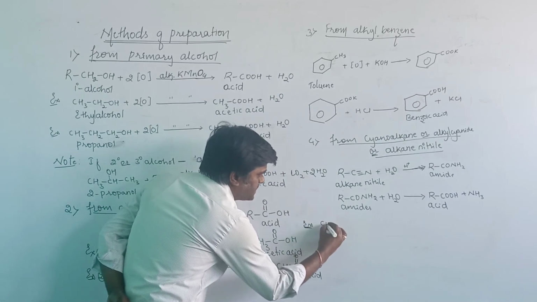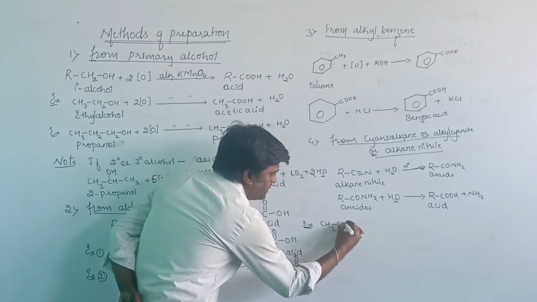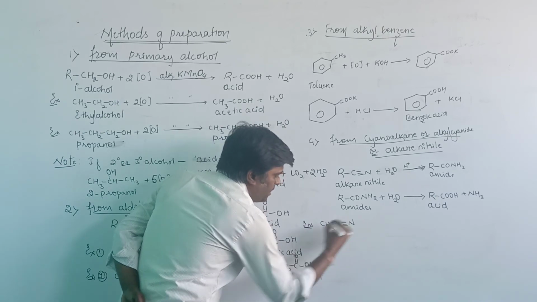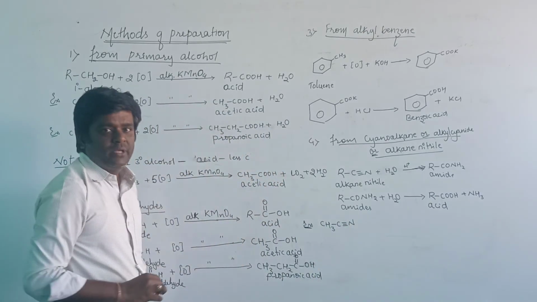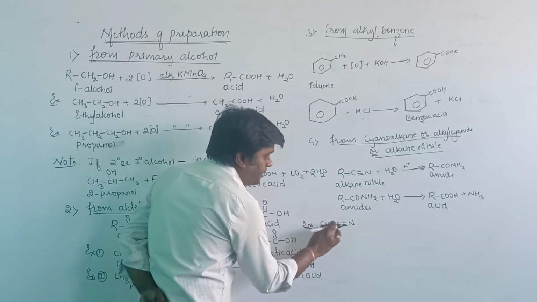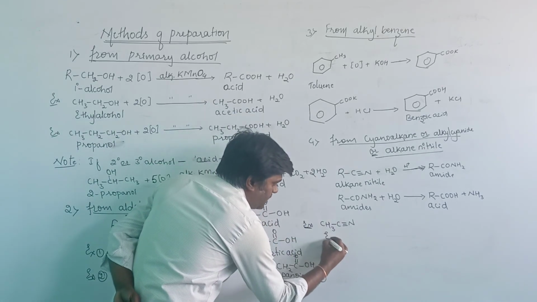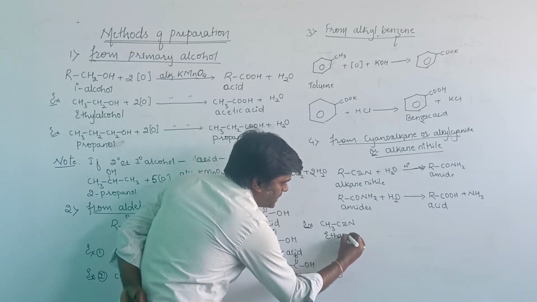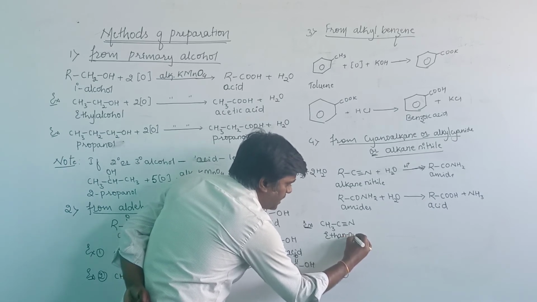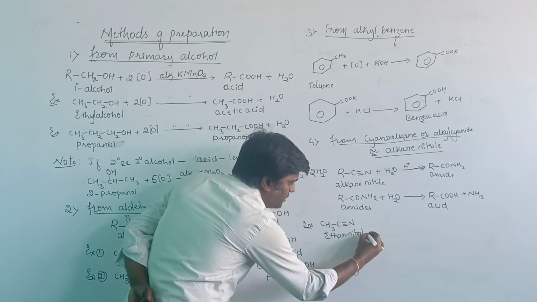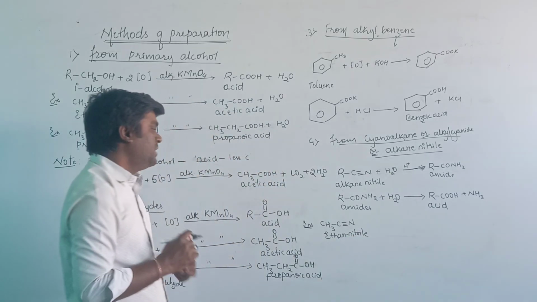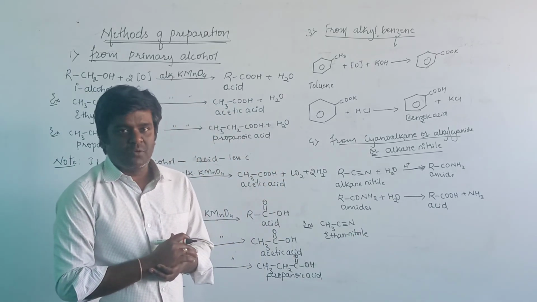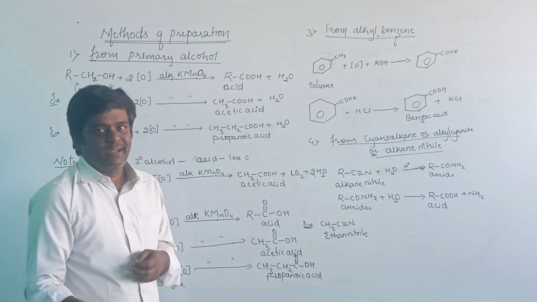First, CH3 C triple bond N. The name for this compound: 2 carbon atoms are there, therefore it is known as ethane nitrile. Ethane nitrile is the name for this compound, or we can call it cyanomethane or methyl cyanide.